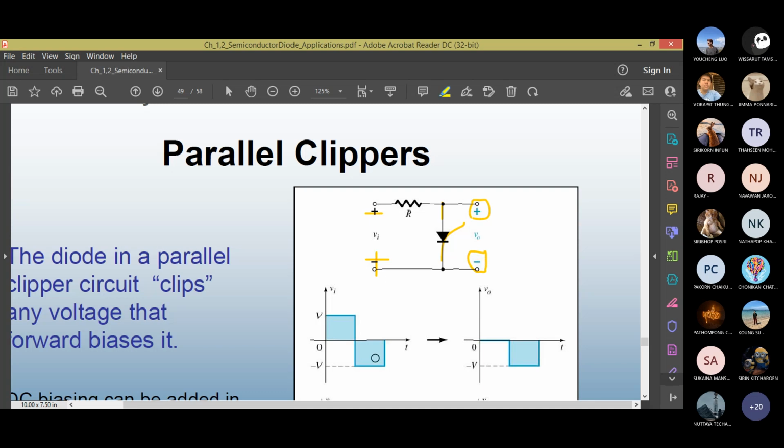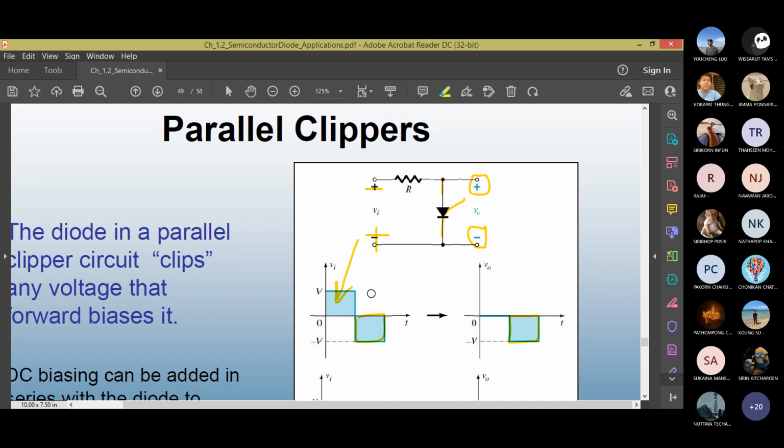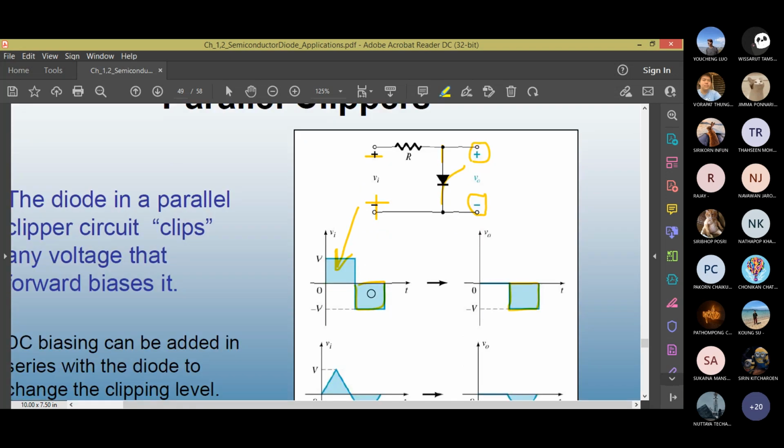You're going to see minus V, because on the negative half cycle, the level is minus V. You're going to see an output. What happened now? For the parallel clipper, it clipped away the part that forward biased it. This one forward biased the diode, but on the output side, it is gone. It is working in opposite fashion of the series clipper.